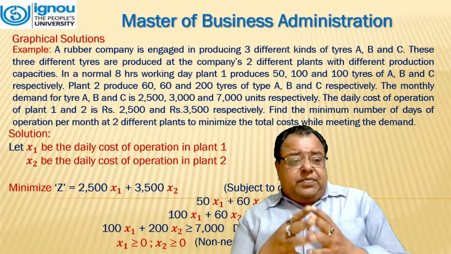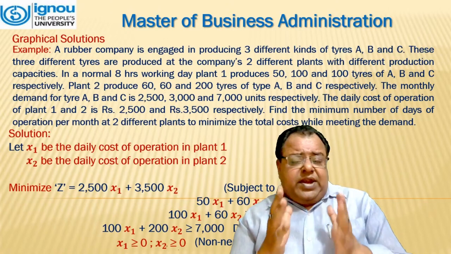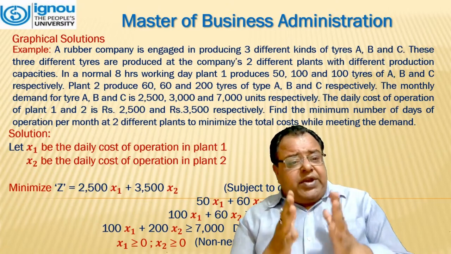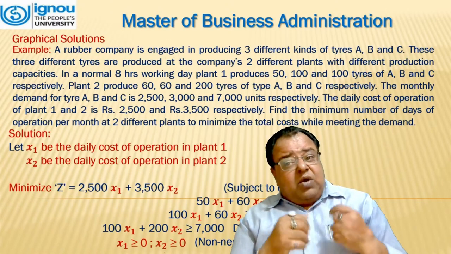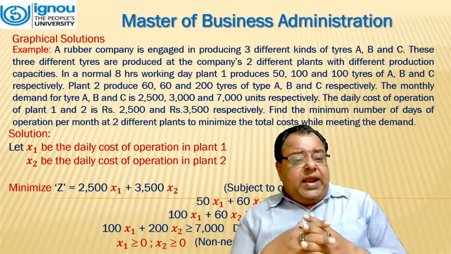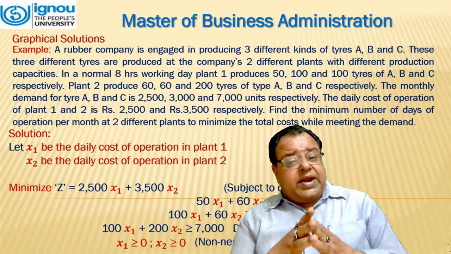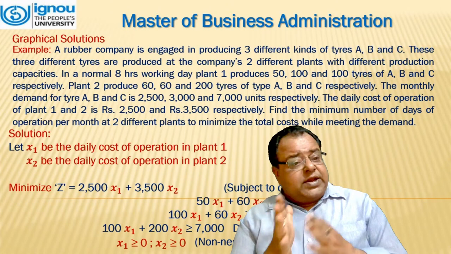The problem is: a rubber company is engaged in producing three different kinds of tires, A, B, and C. These three different tires are produced at the company's two different plants with different production capacities. In a normal 8-hour working day, plant 1 produces 50, 100, and 100 tires of A, B, and C respectively.